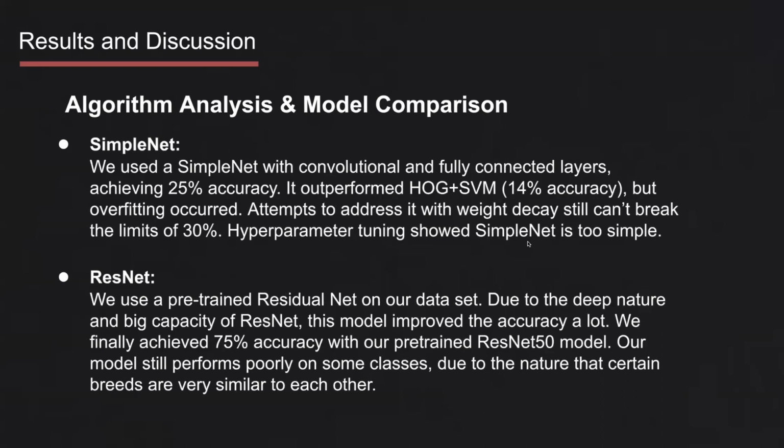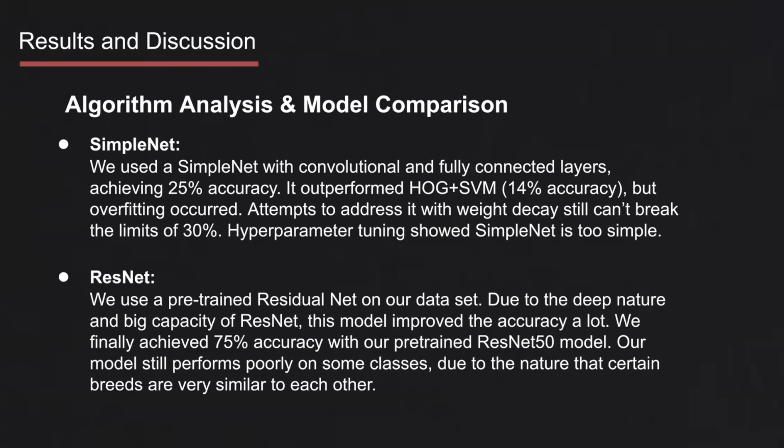For the SimpleNet, we used convolutional and fully connected layers, and we achieved an accuracy of 25%. It just outperformed the SVM, but overfitting still occurred. Attempts to address overfitting with weight decay still couldn't break the limit of 30%, and hyperparameter tuning just showed that this method is too simple.